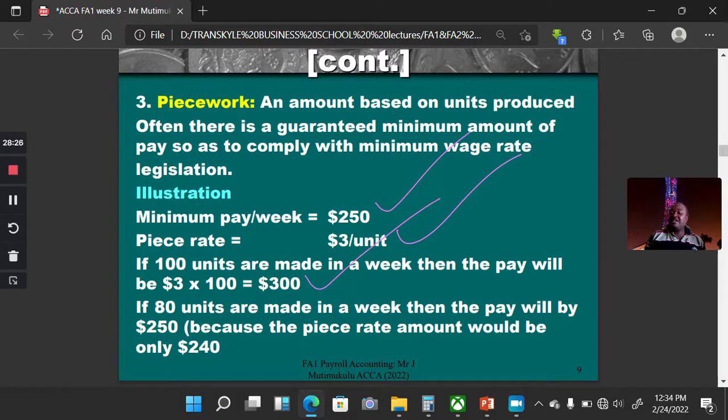But if only 80 units are made, this guy should be paid 240. But because of the labor laws, we are going to pay him 250, which is the minimum wage per week in that jurisdiction. If we pay him 240, he's going to sue us, and we are going to be penalized. That's the piecework system.